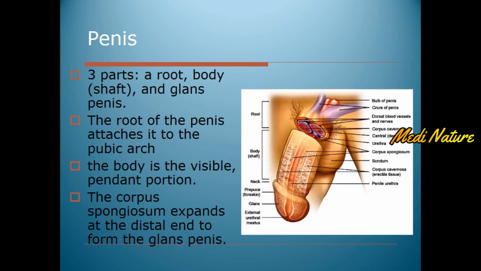The penis has 3 parts: a root, body or shaft, and the glans penis. The root of the penis is attached to the pubic arch, and the body or the shaft is the visible pendant portion. The corpus spongiosum expands at the distal end to form the glans penis.